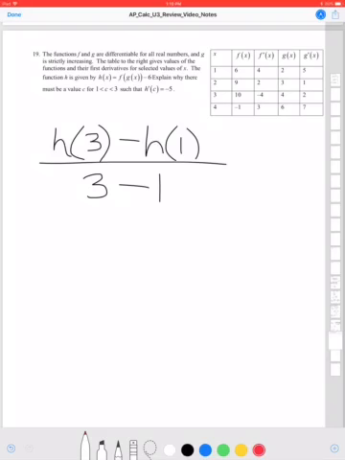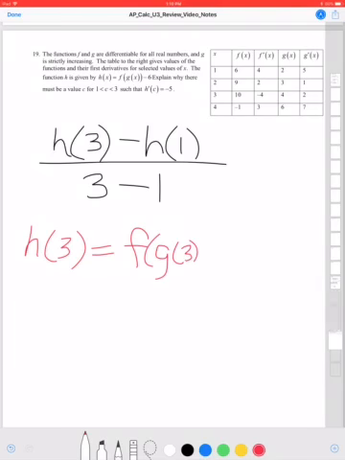Alright, h of 3 is going to be equal to f of g of 3 minus 6. G of 3, we find 3 and then g, that's going to be 4.